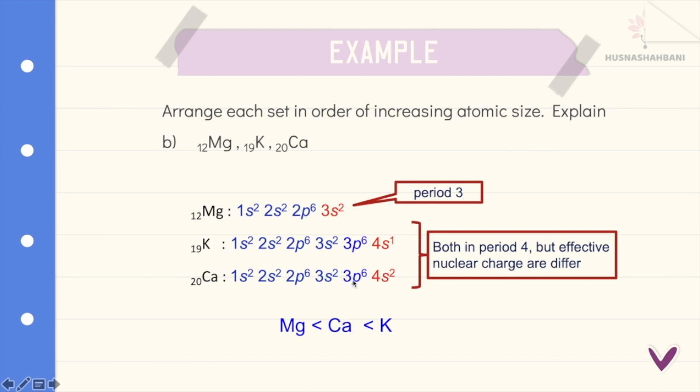So with more protons, nuclear charge increases, effective nuclear charge increases, and the attraction of electrons towards the nucleus becomes stronger. Thus the atomic size with higher proton number is smaller. So calcium is smaller than potassium.